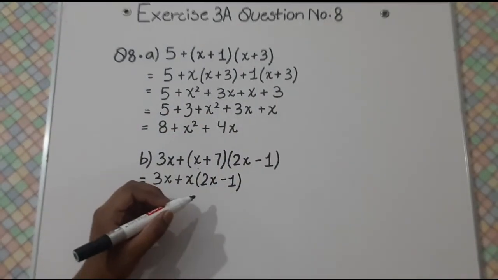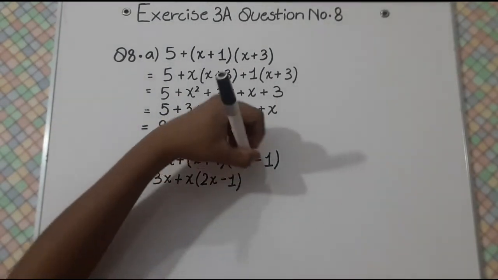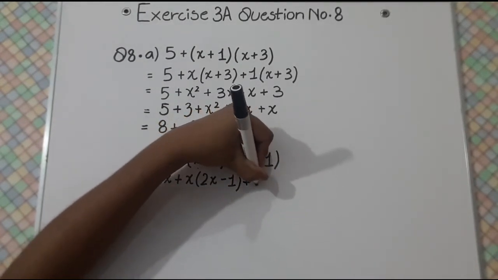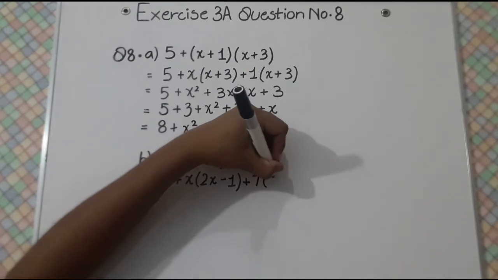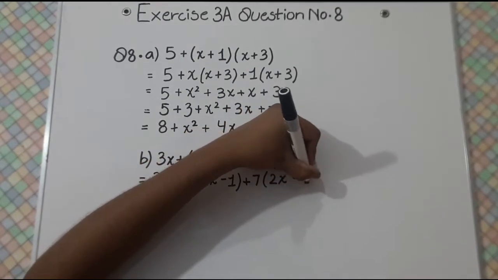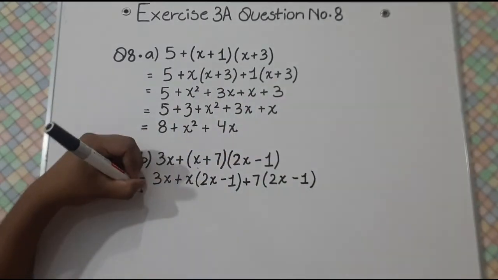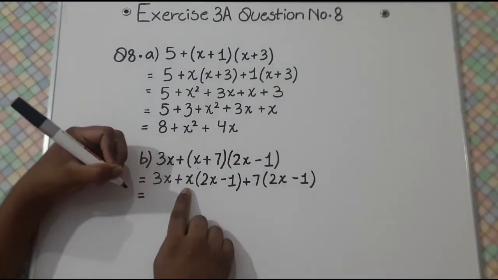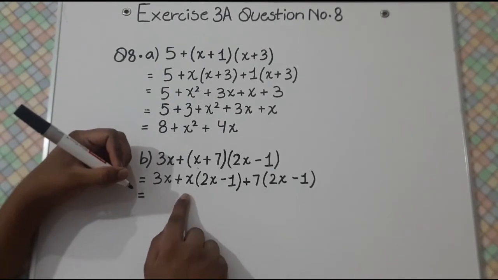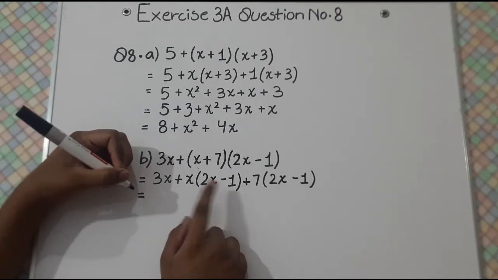Now we are going to write 7 means plus 7 and write the same 2x minus 1. We are going to multiply x with this bracket and 7 with this bracket. So x multiplied by 2x would be 2x square and x multiplied by 1 would be 1x. The sign would be negative, plus minus minus.